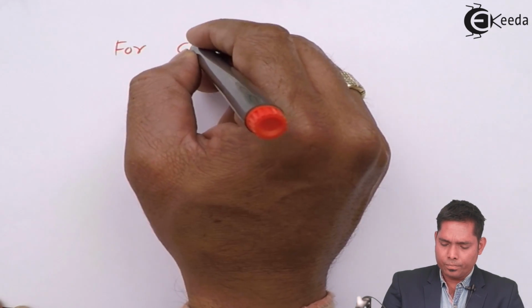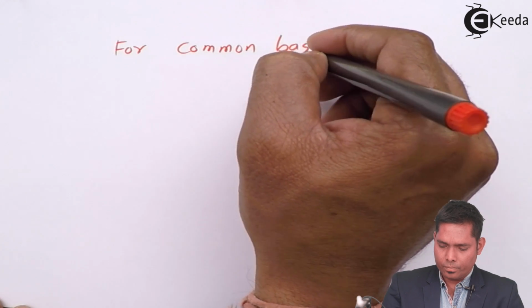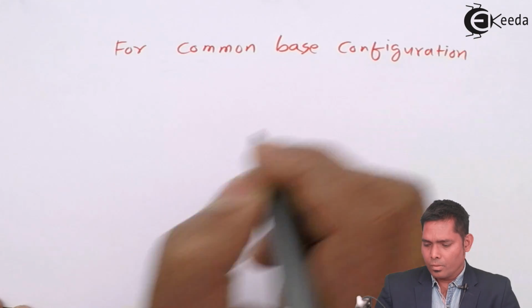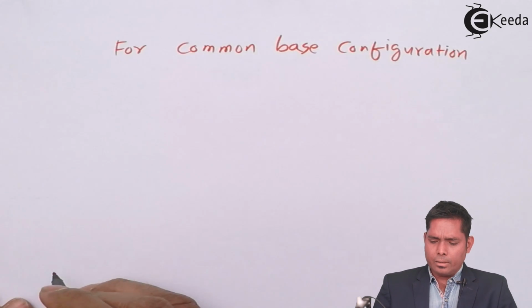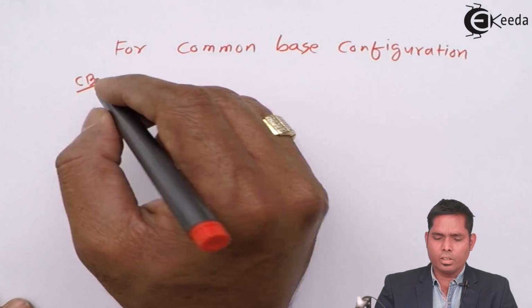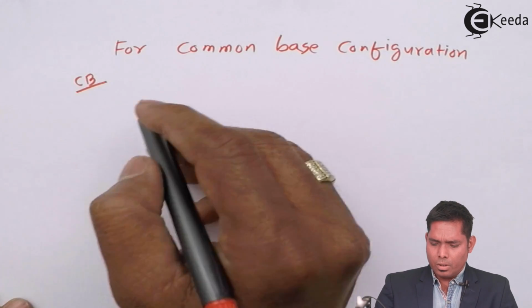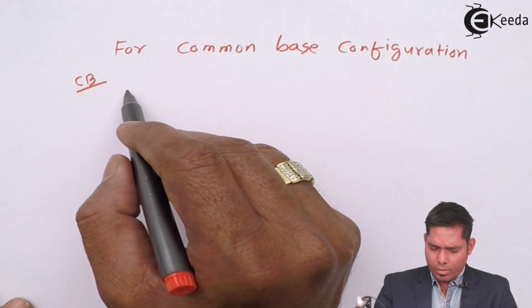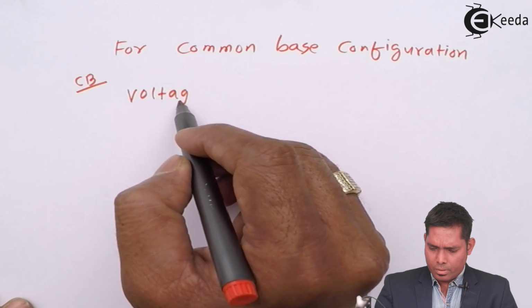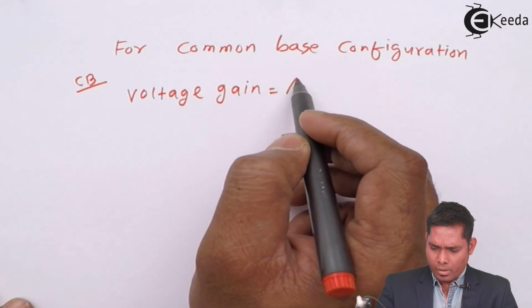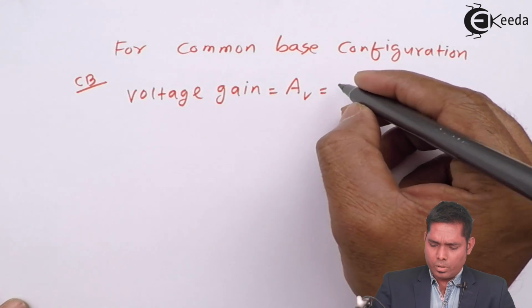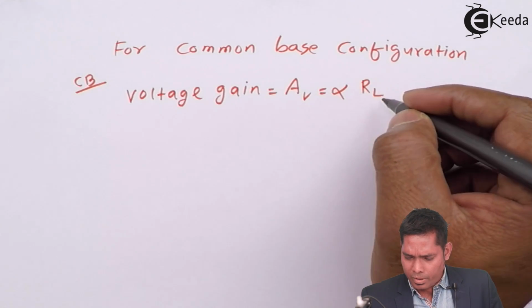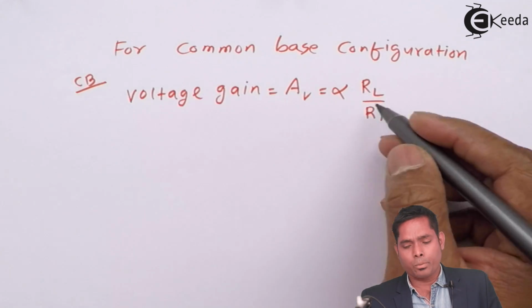For common base configuration, the voltage gain AV equals alpha times load resistance by input resistance.